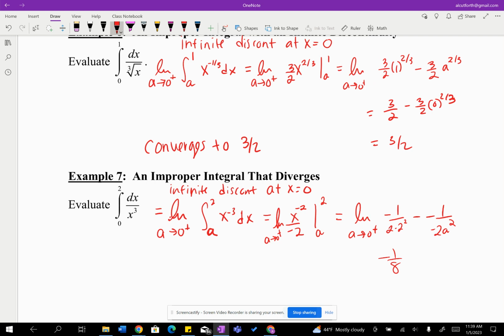That constant will be -1 over 8. Try to evaluate our limit by plugging in 0. Sorry, I had too many negatives here.